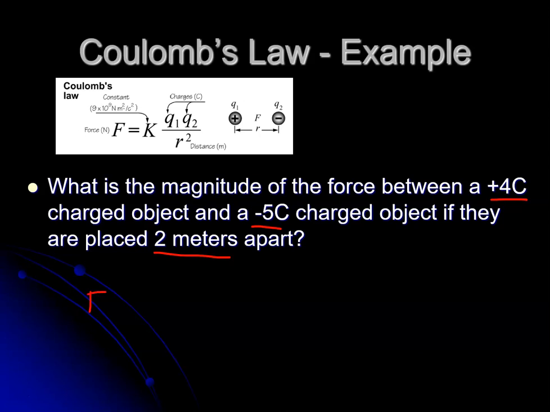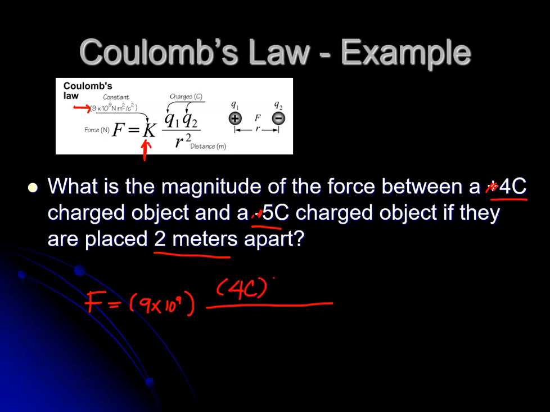So my force is going to be equal to, I'm going to go ahead and put the number for Coulomb's constant, that's this right here. It's going to be 9 times 10 to the 9. And then I'm going to multiply my two charges. Now remember, I don't need to do my positive and negative sign.